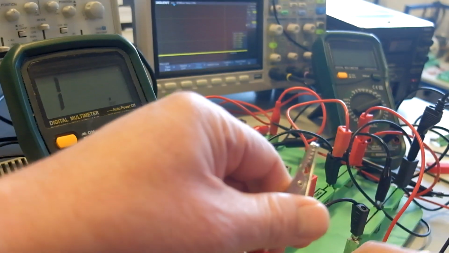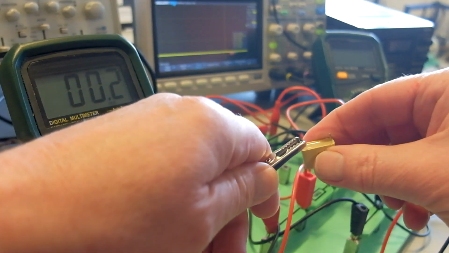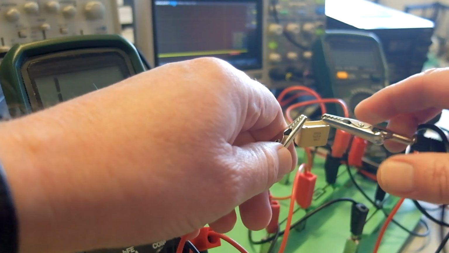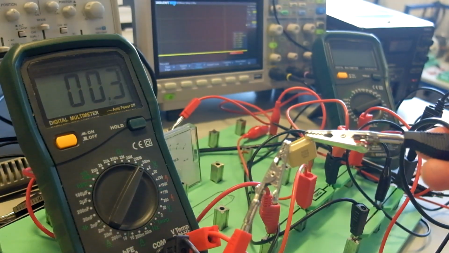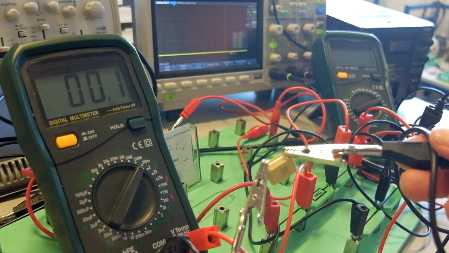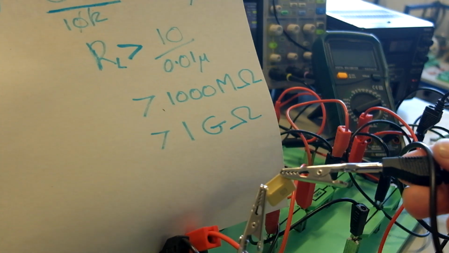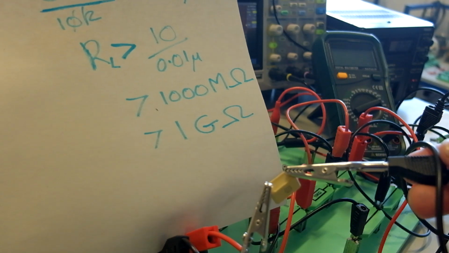So these are non-polarized capacitors. Let's just try another non-polarized capacitor. They're all 1 microfarad, and let's see, it goes down to 0.0. Okay, so again, similar, we can say that the leakage resistance is greater than 1 gigohm.